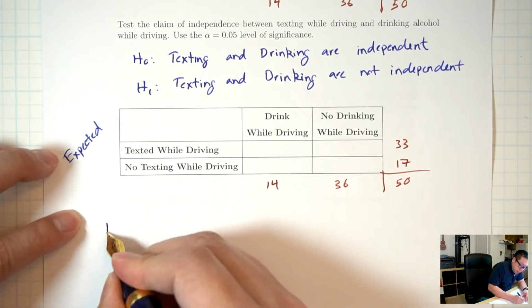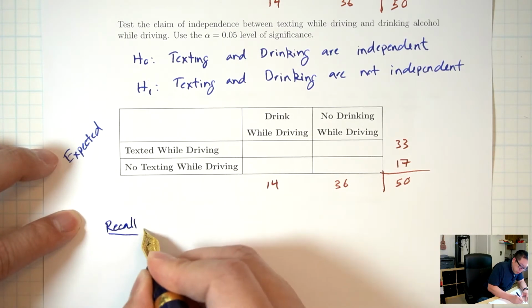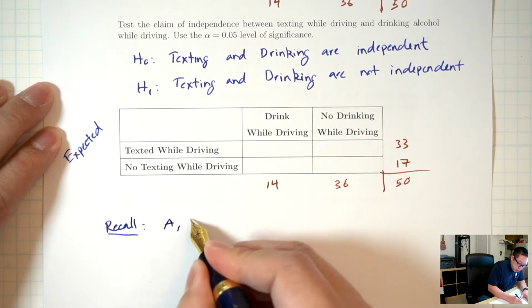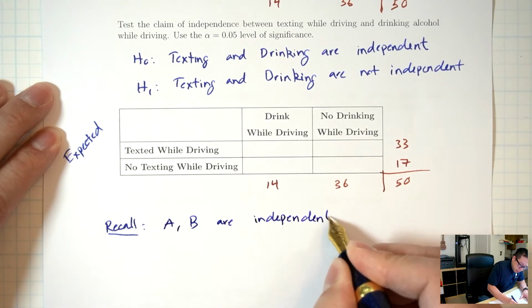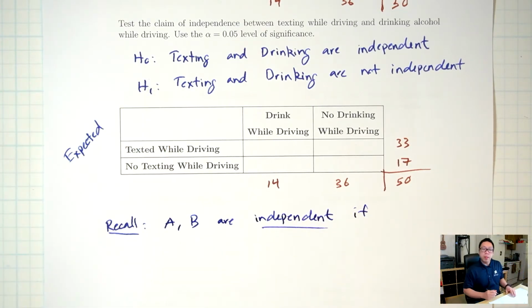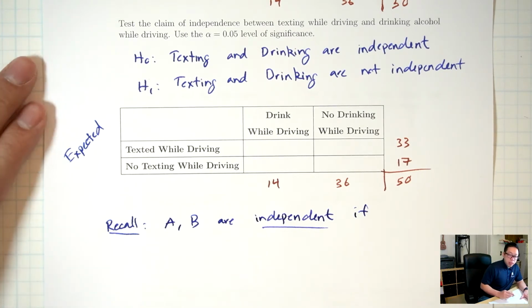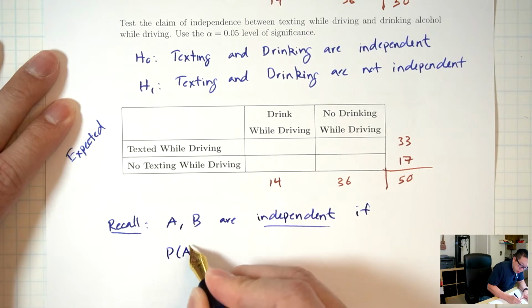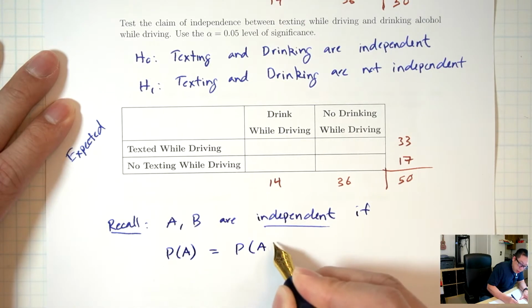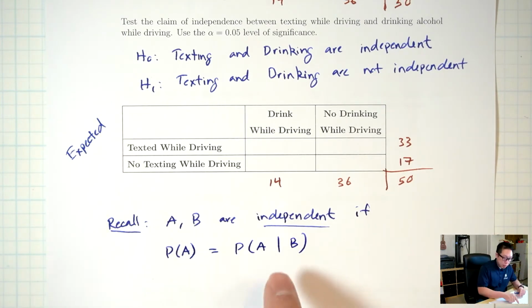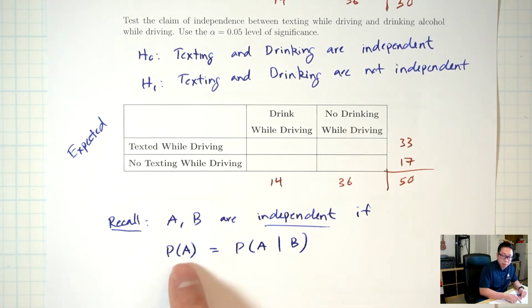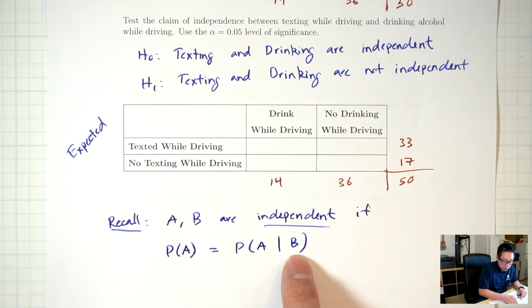So recall that two events, A and B, are independent if, and we had a math definition for this, P of A equals P of A given B. And all this is really saying is that adding on this given B part doesn't change the probability of A. So A, given knowledge that B happened, is the same thing as just regular A. So that's what it means for B to not have any relationship with A at all.